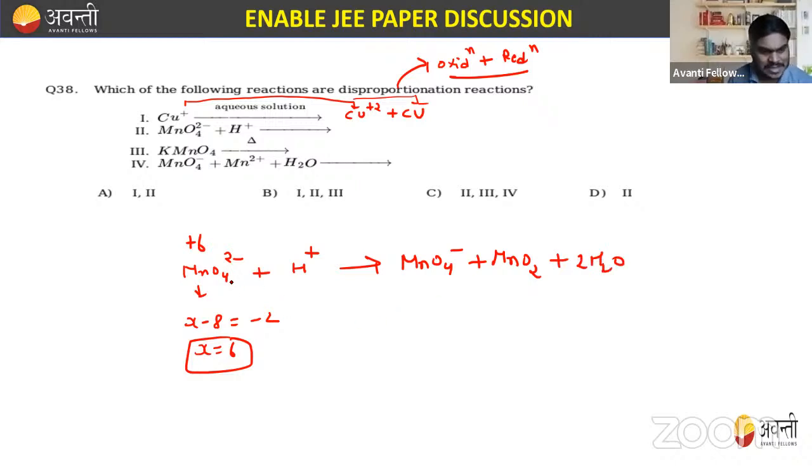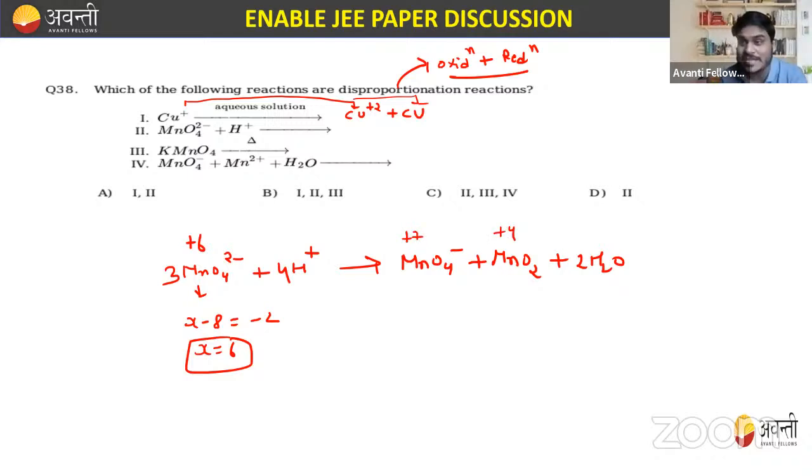Just balance this: 3MnO4 2- and 4H+. Here also, if I'm calculating the oxidation state of manganese, it comes out to be +7 and here +4.